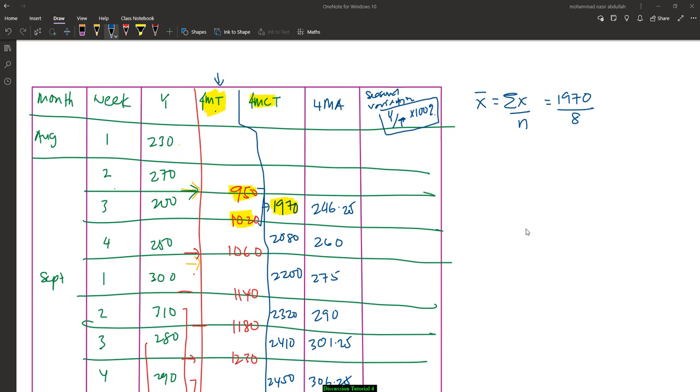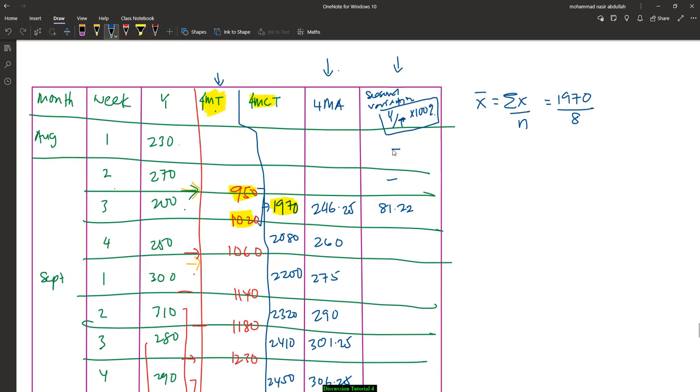Okay, so then this one should be 200 divided by 246.25 multiplied by 100. So this one should be 81.22. Since it says 2 decimal points here, you standardize 2 decimal points here too. Okay? The ones above are nothing.